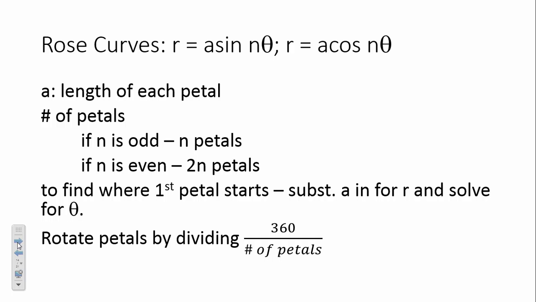So if there were 3 petals, 360 divided by 3 is 120. Every 120 degrees we'll get a new petal. 4 petals, 360 divided by 4, every 90. Okay?